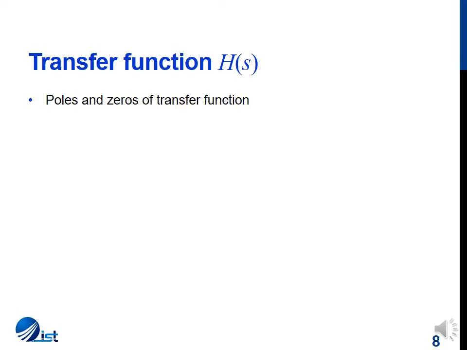So if, say, the order of the numerator is less than the order of the denominator, then the rest of the zeros of the transfer function will be at infinity. And say if the order of the denominator is less than the order of the numerator, then the rest of the poles will be at s equal to infinity. So except for a scale factor, a transfer function can be completely defined through poles and zeros.